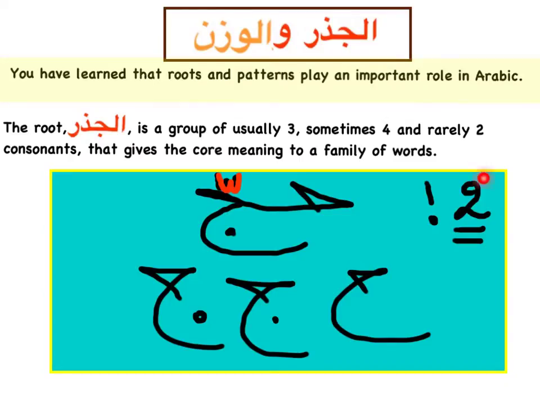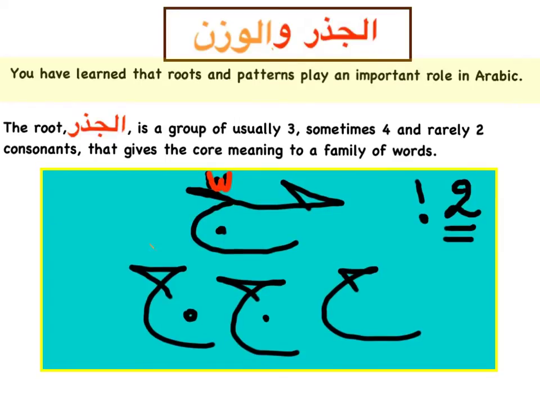So 2 consonant roots are rare and very old. You might not encounter or use any, but you will find a lot of words with 2 letters and a shadda, and these actually belong to the 3 root family. So again, to illustrate, so you can keep in mind, this shadda is actually the extra jim.